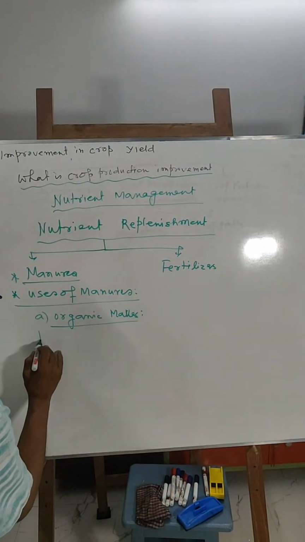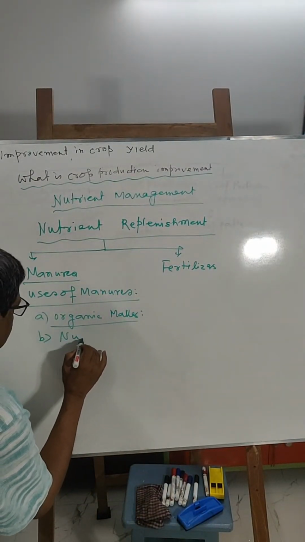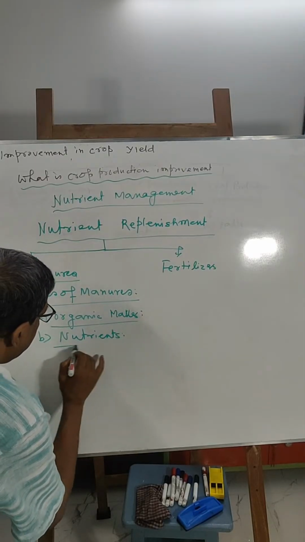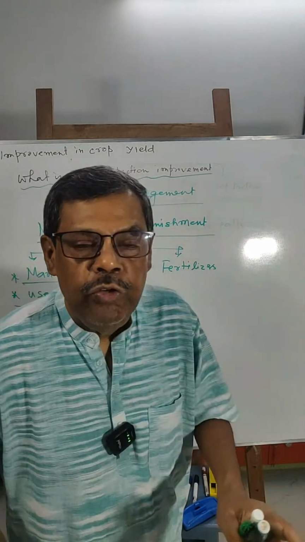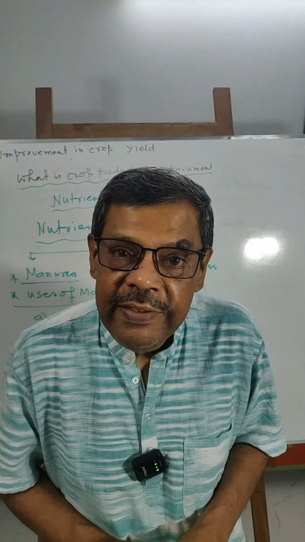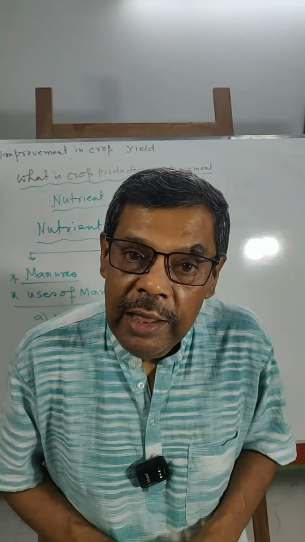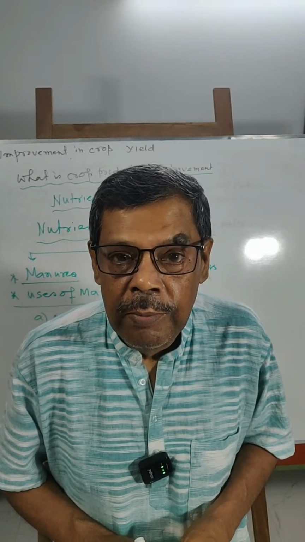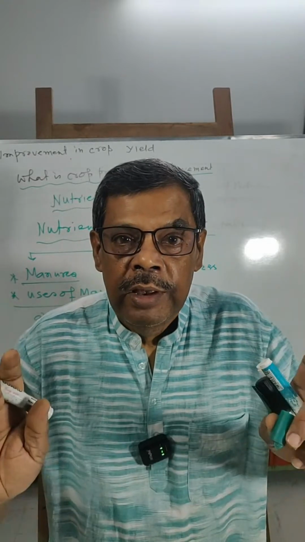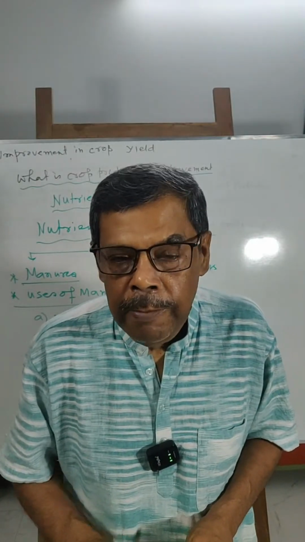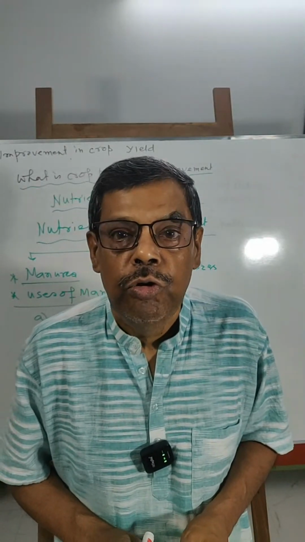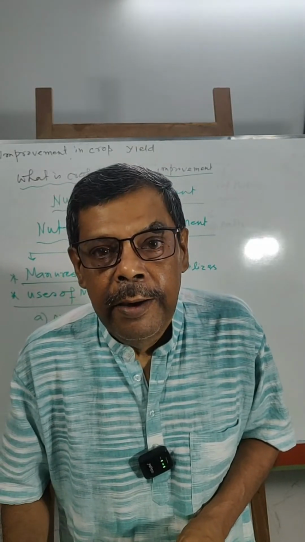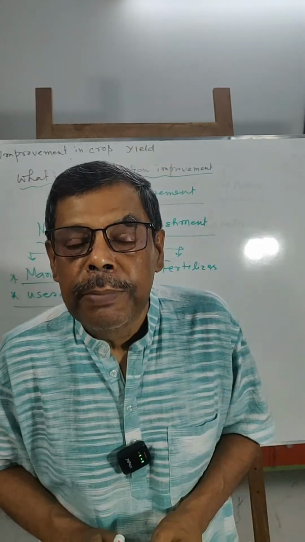Number B, nutrients. Manures enrich the soil with nutrients. By the manures, nutrients are slowly taken up by the plants.